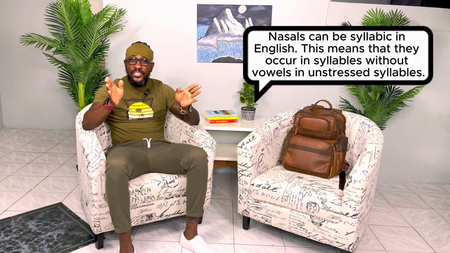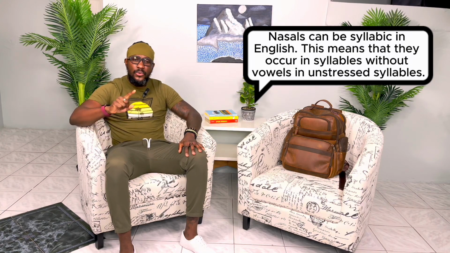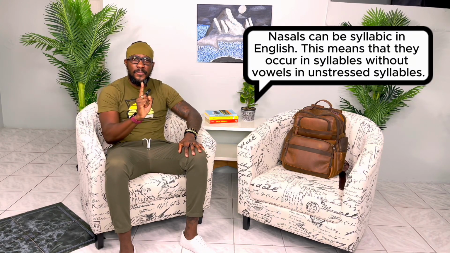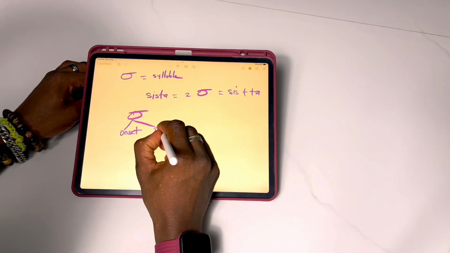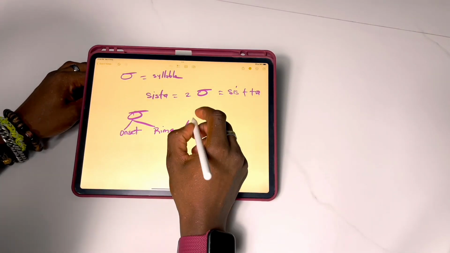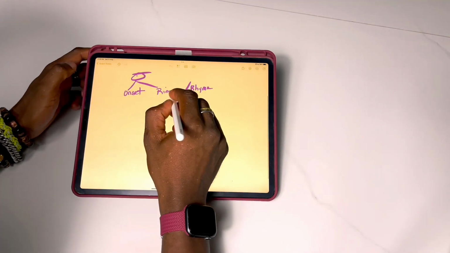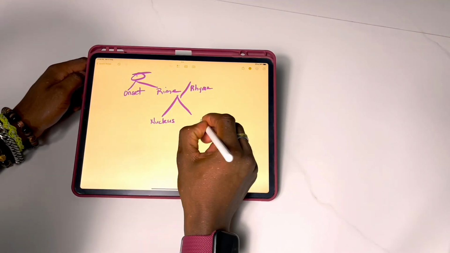When we say that a consonant is syllabic, it's because it replaces the vowel in the nucleus.